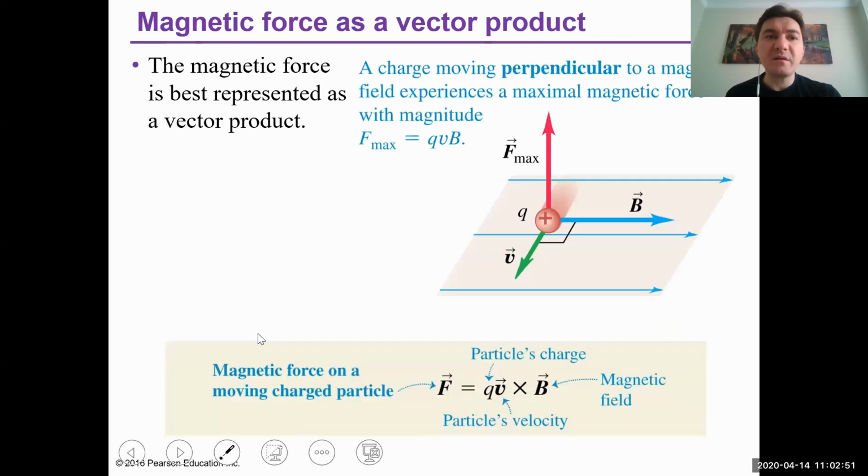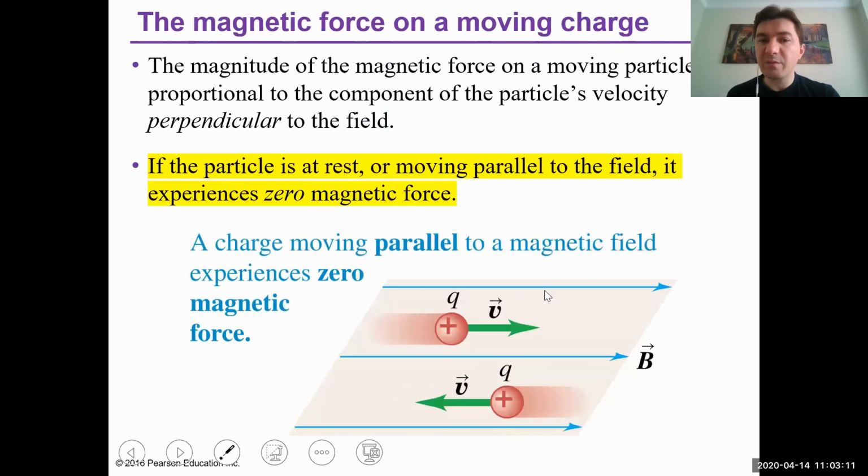The magnetic force is best represented as a vector product, like this. The force due to the magnetic field is given by that expression. This is the charge of the particle, this is the direction of the magnetic field, and this is the velocity of the particle. In the previous case, the velocity is parallel to the magnetic field, in that direction or in that direction.